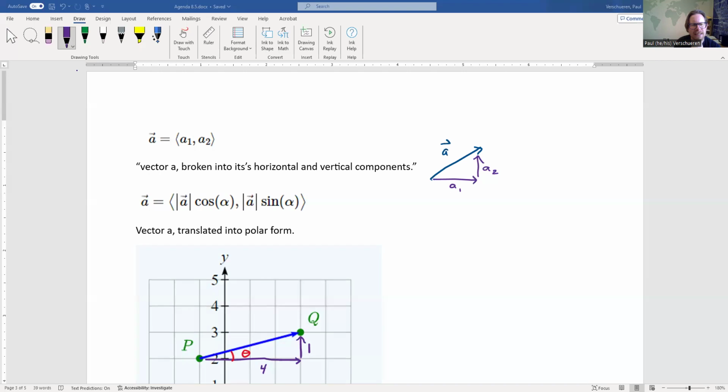Like if you start looking at something like this A with an arrow over it, and then these sharp brackets that are coming in. Really, all this new symbol and new language is necessary because this triangle we see here is really, if you think about this force of A, any force can be broken into its horizontal push and its vertical push.